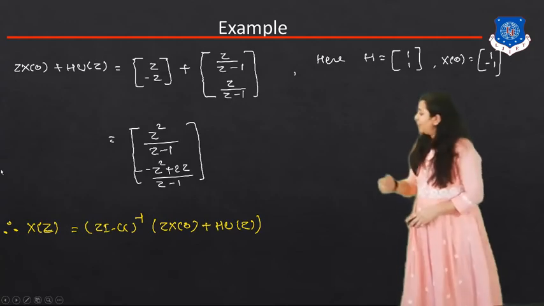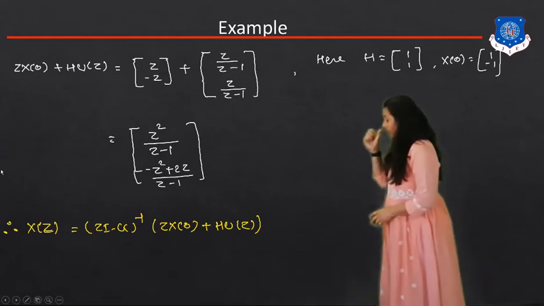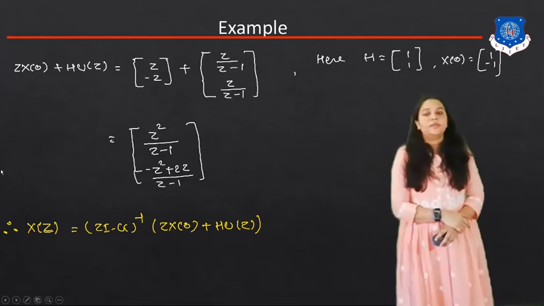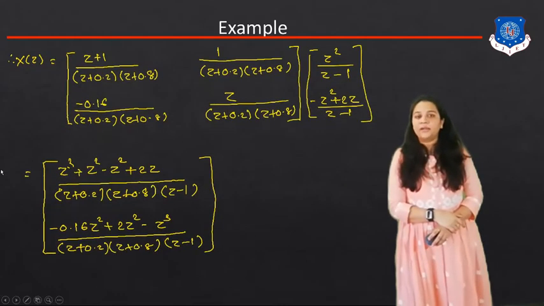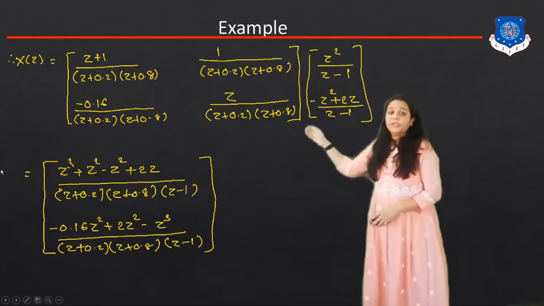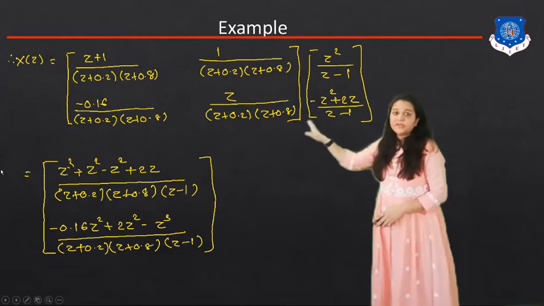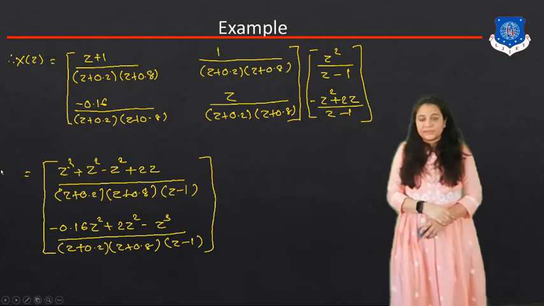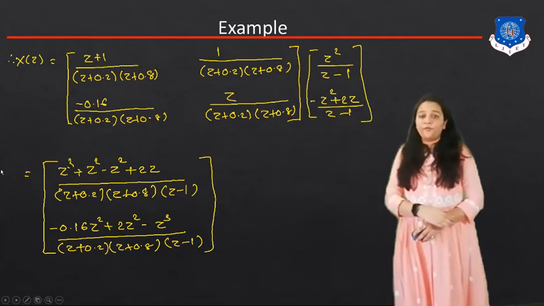Okay, now next we have to find the x of z. So put the value of (zI minus A) inverse and z x of 0 plus H u of z into this equation, and we can get this type of matrix. This is the value of (zI minus A) inverse, and this is the value of x of 0 into z plus H u of z. We multiply these two matrices and we can get this type of matrix.